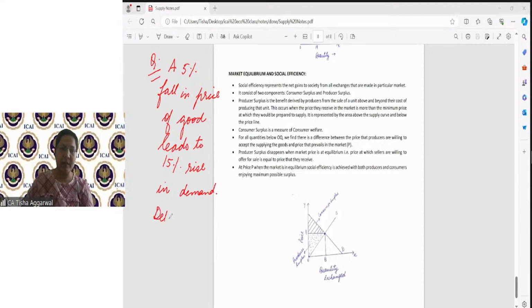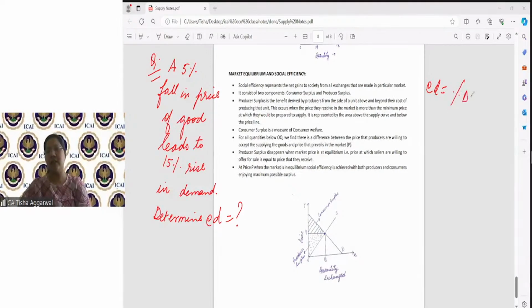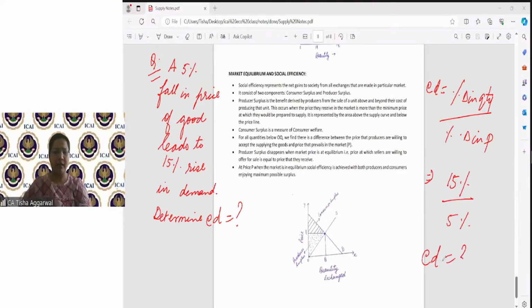Calculate the elasticity of demand. Come on, very simple. ED is equal to, I have also taught you another formula, percentage change in quantity upon percentage change in price. So what is your percentage change in quantity? 15%. What is your percentage change in price? 5%. So ED is equal to 3. Clear? Yes or no?